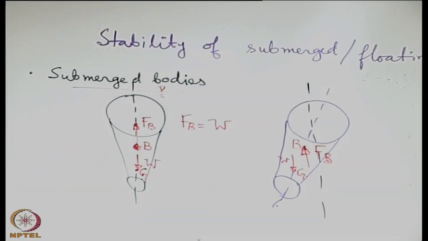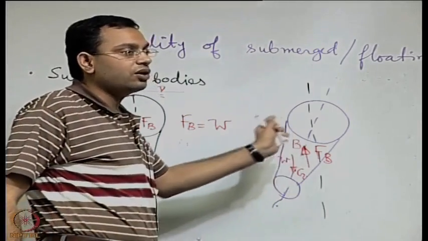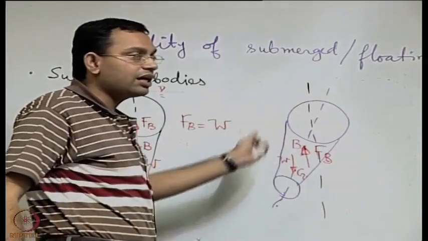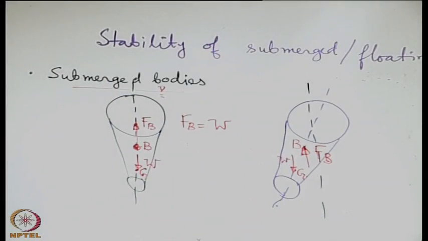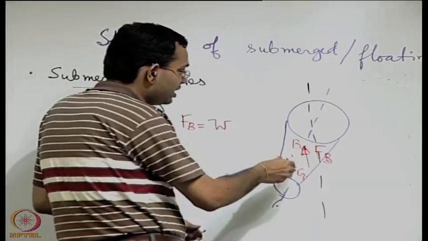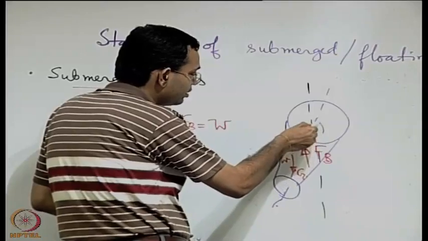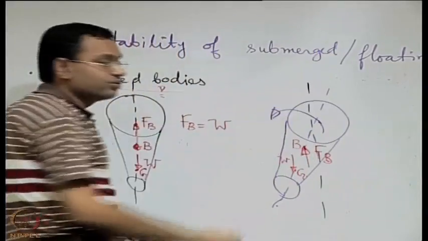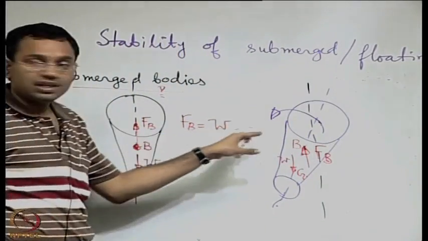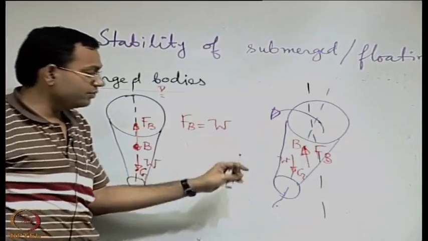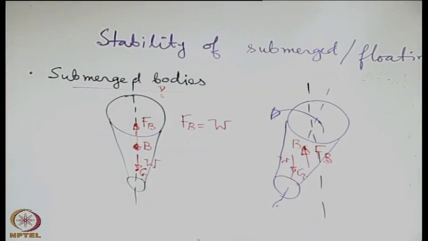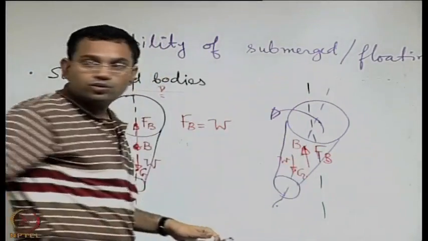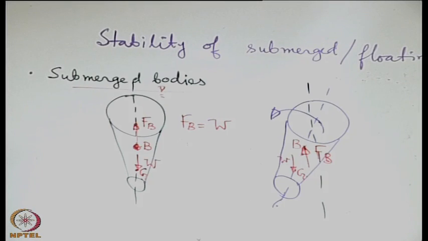When they are not collinear, they will still be equal and opposite forces but not passing along the same line, so they will create a couple moment. So what will that couple moment try to do? If you see the sense of this couple moment, it will try to create a rotation like this, which is shown in the figure, and this rotation will try to bring it back to its original position or configuration.